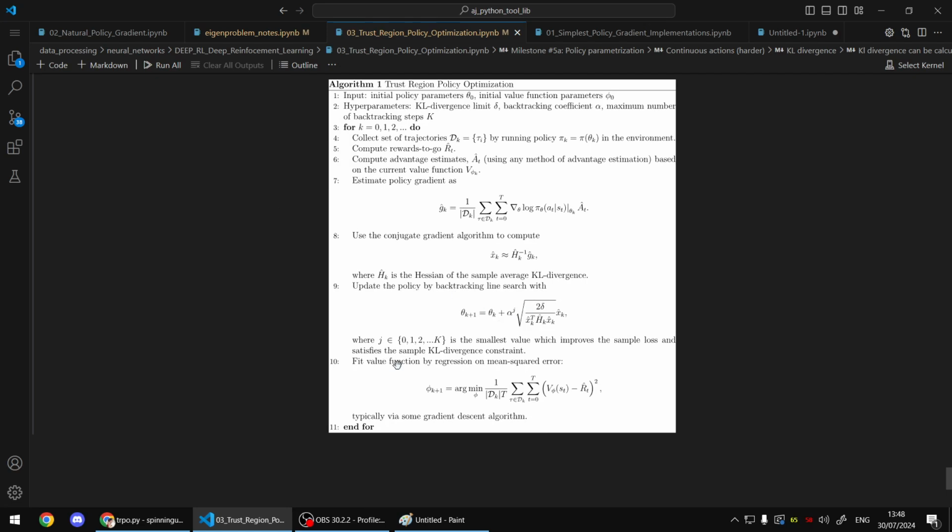And I didn't talk about line search. So in fact, what we've covered up until now is called truncated natural policy gradient. Because we do a quadratic approximation for the Hessian, we cannot be sure that the actual result would be precise.